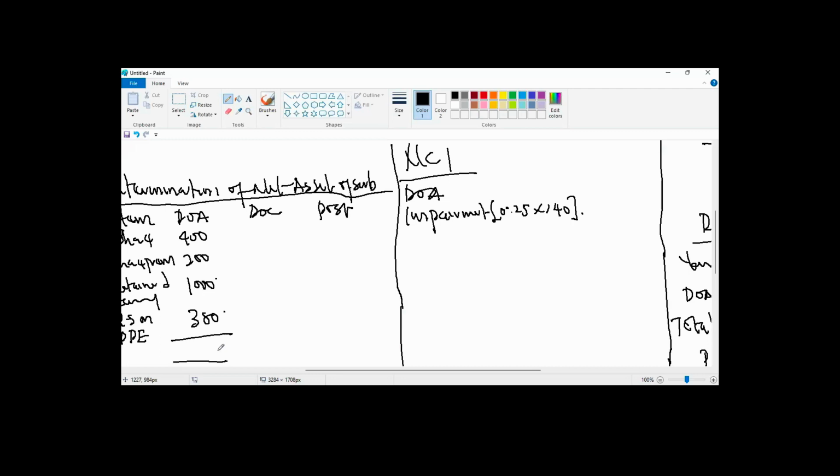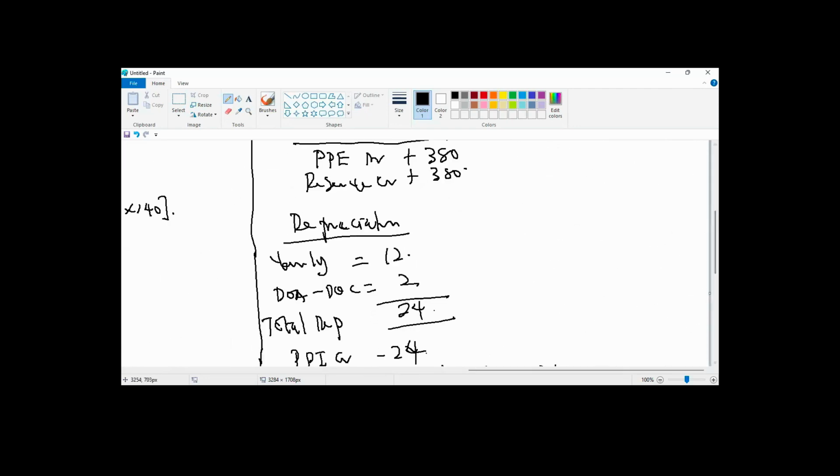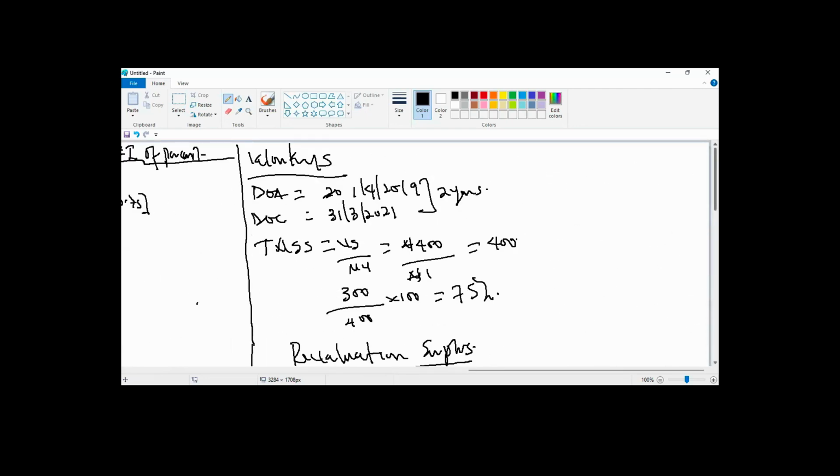Now for the goodwill, this is 1980. Now you are giving me goodwill attributed to NCI of 73. For me to calculate goodwill, I need the total goodwill to be reported. So it's either I get the goodwill of the parent using share proportionate.